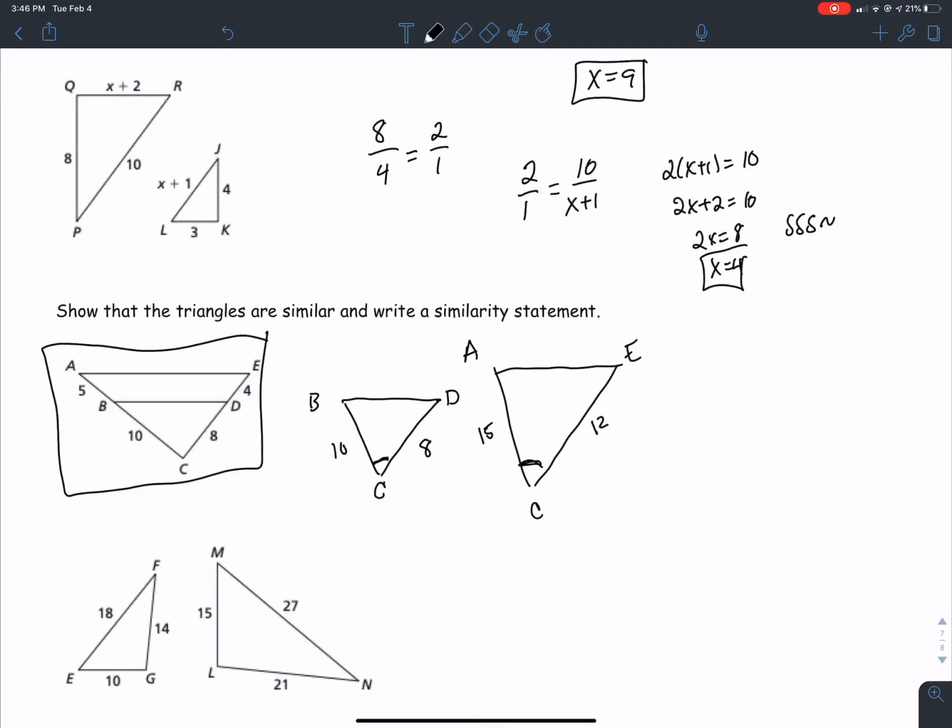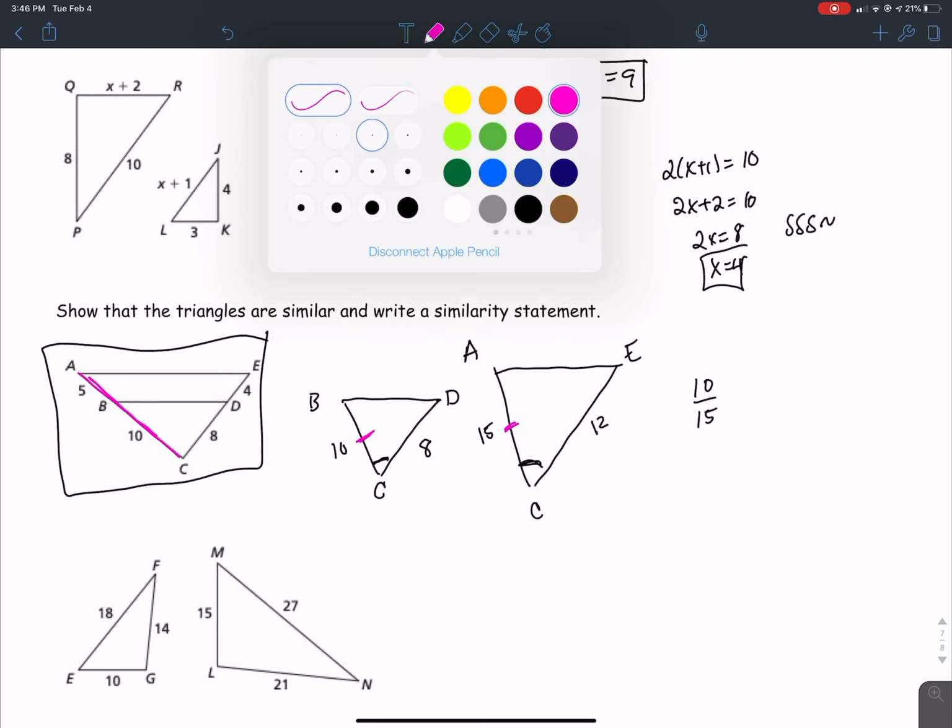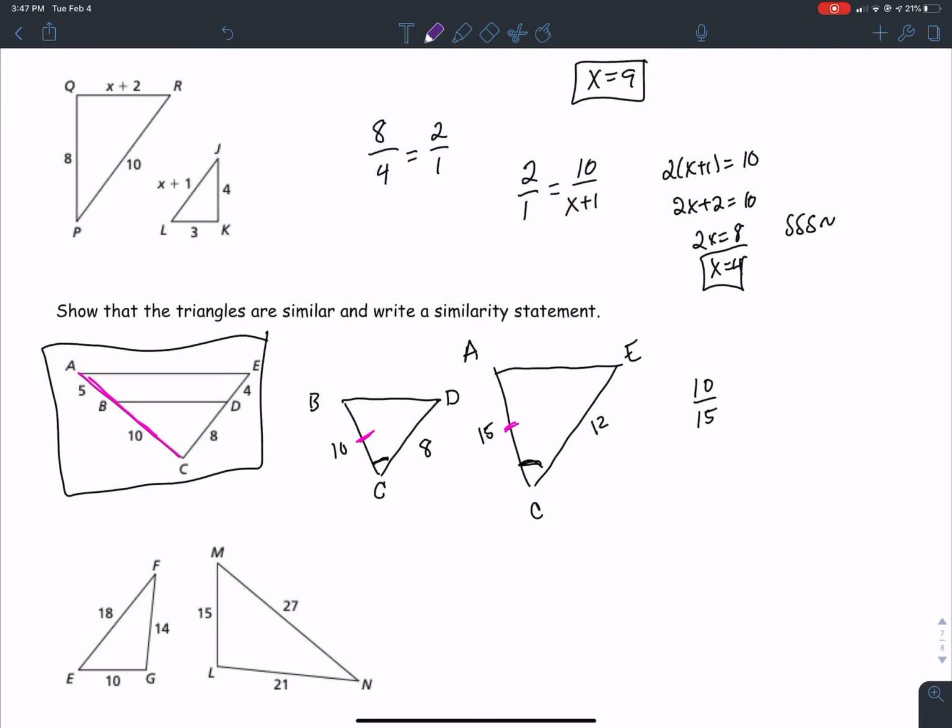So what I do is I say 10 over 15, because these sides work together over here. And then CD and CE, 8 over 12. So I need 10 over 15 to equal 8 over 12. The way that I do that is I cross multiply, and I need 10 times 12 to equal 15 times 8.